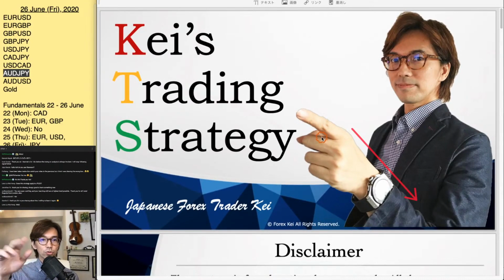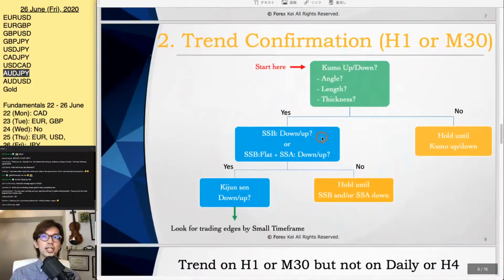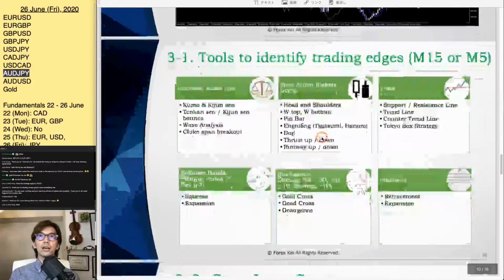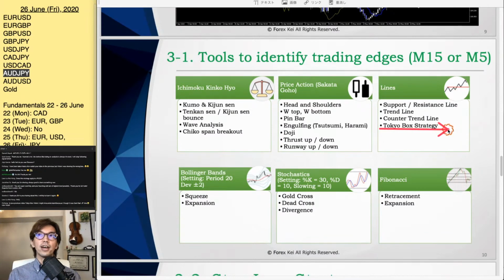If you scroll down, these are the strategies that I use. On page 10 of the PDF, this is a whole list of the strategies that I usually use. Today is a lesson about the Tokyo Box strategy. Sorry, this is narrow, but Tokyo Box strategy is the topic for today.